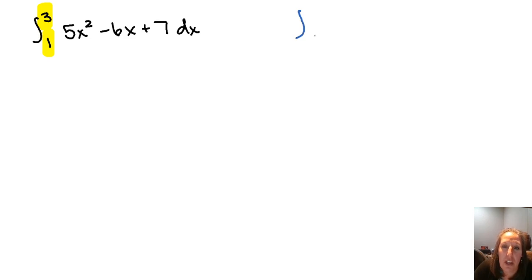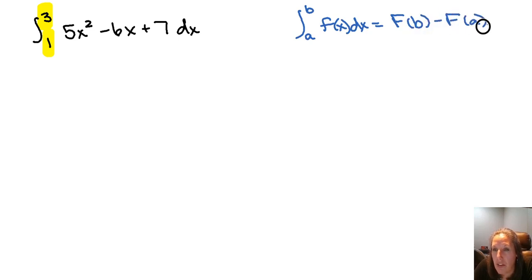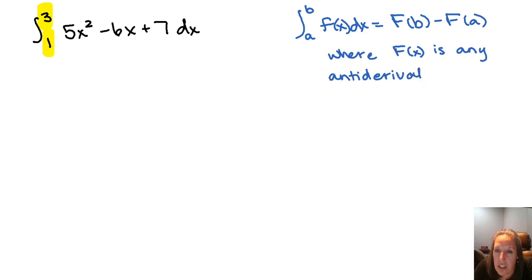The fundamental theorem of calculus part 2 says if we have an integral from a to b of some function f of x dx, that is going to be equal to capital F of b minus capital F of a, where capital F of x is any antiderivative of lowercase f of x.